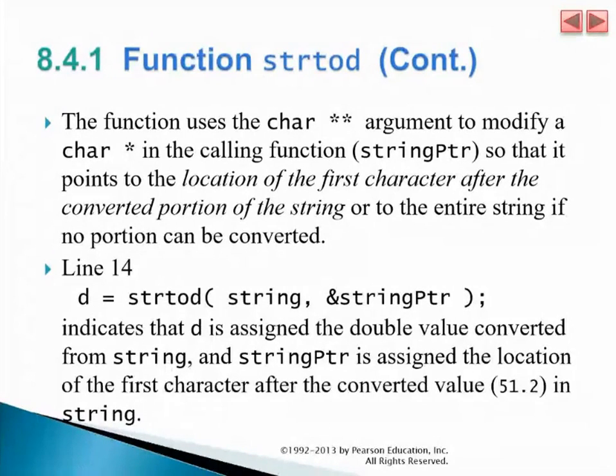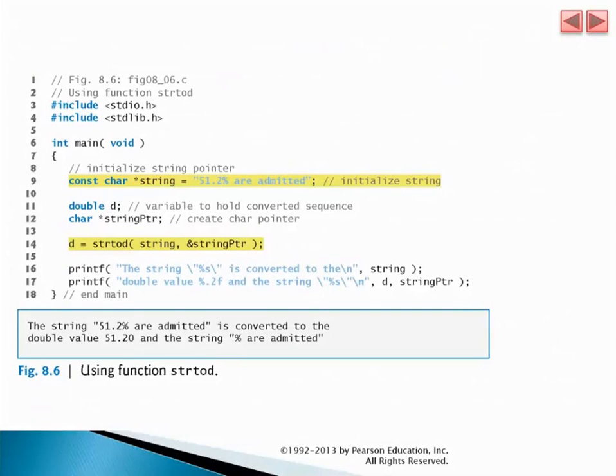So let's see the example. Suppose we have this constant char string, and this is our string. We would like to convert this 51.2, which is a floating value. Right now it is inside the string, so it is considered a string by the program.